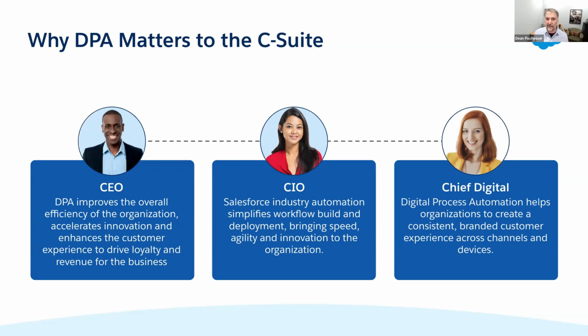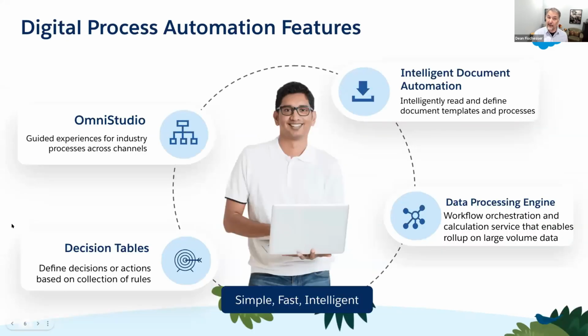So we keep hearing this term DPA, as Rob had mentioned. You may also hear it called OmniStudio, and it's kind of used synonymously at times, and I'll try to differentiate what the pieces of that actually are.